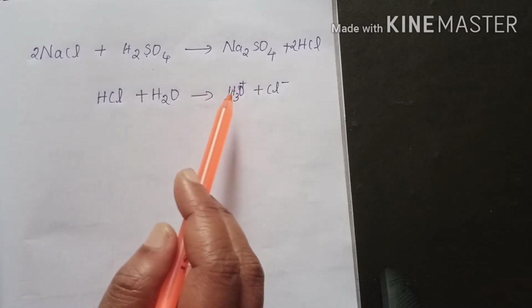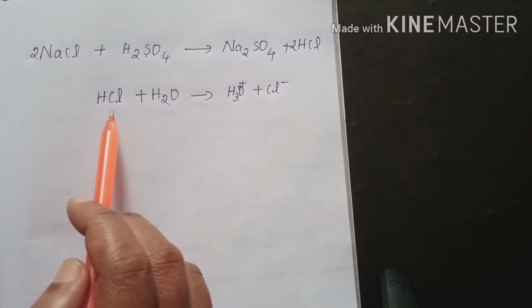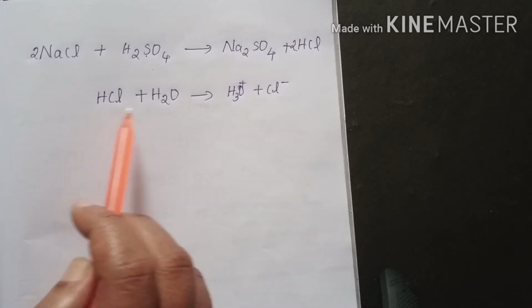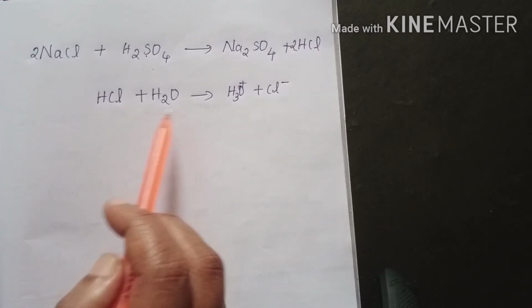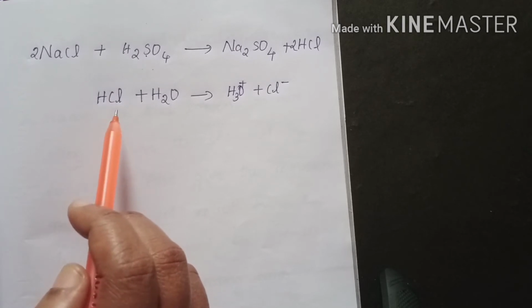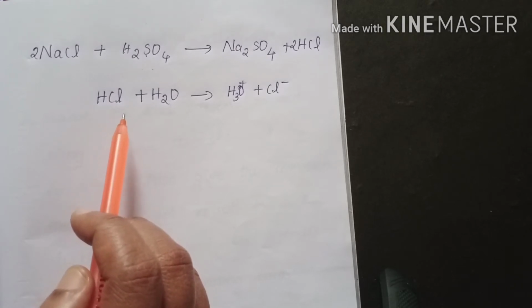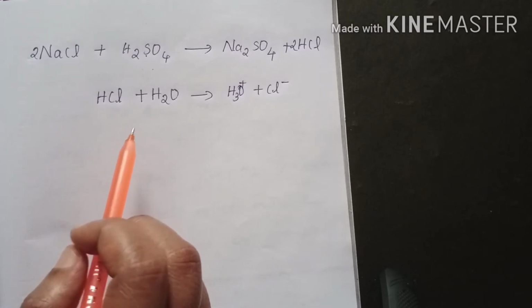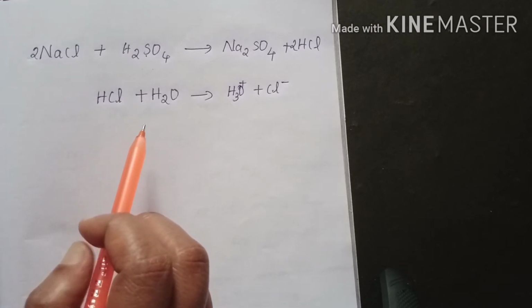What is H3O+ ion? The hydrogen ion produced by hydrogen chloride gas in the presence of water is a very small ion and it cannot exist alone. So, it exists after combining with the water molecule.